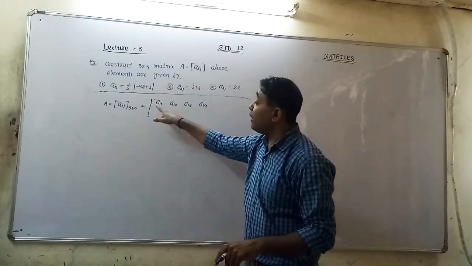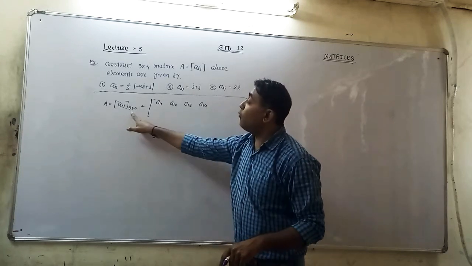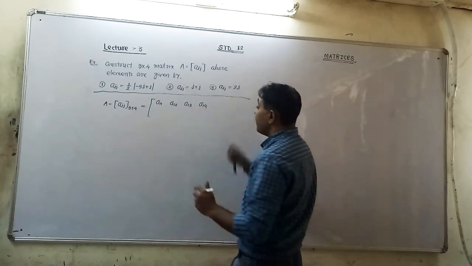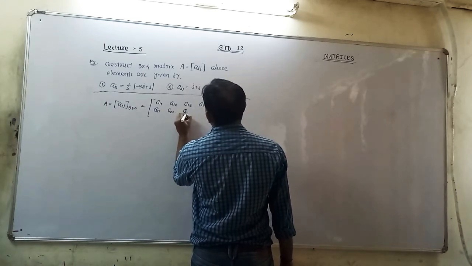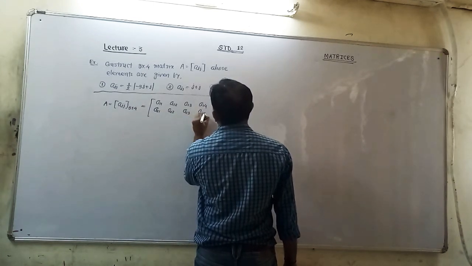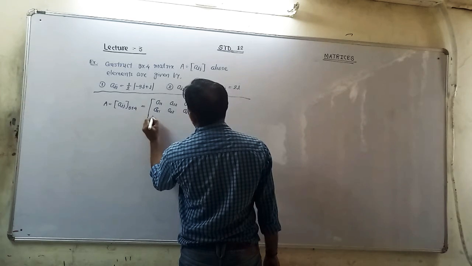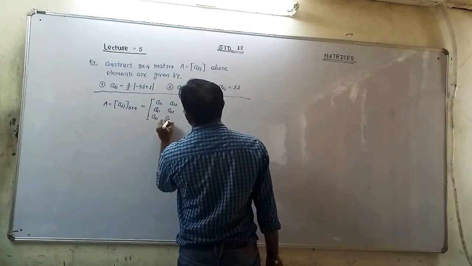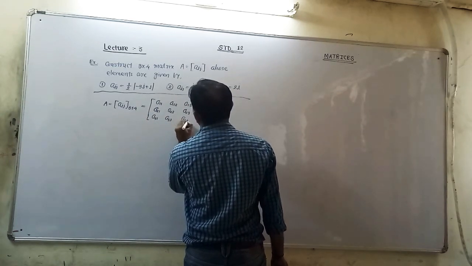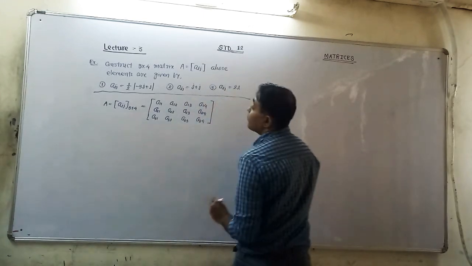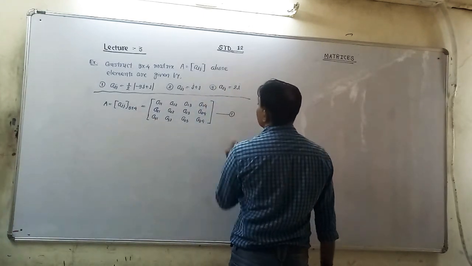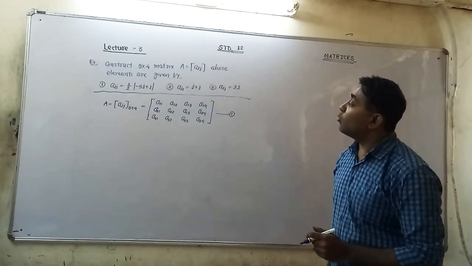So there are 4 elements I write in the first row, 4 columns, that's why I did it that way. Then A21, A22, A23 and A24. And the third row is A31, A32, A33 and A34. Right? So this is the matrix whose elements you want to find.